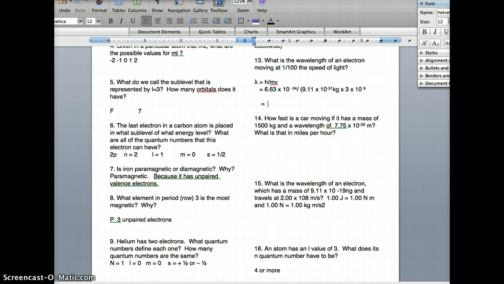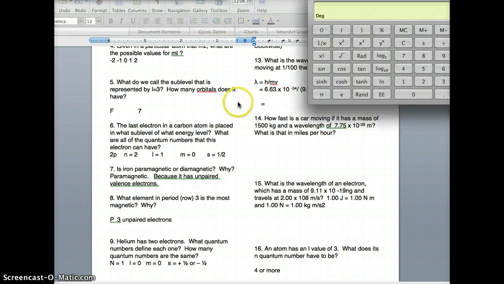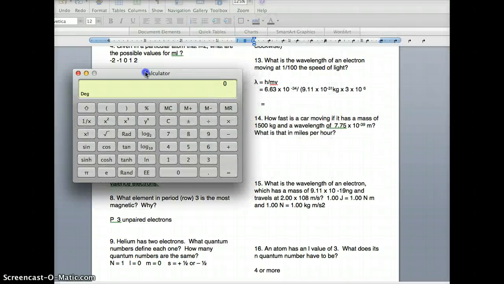If I could find the calculator, here it is. So here's my calculator. We're going to have 6.63, use the EE key, negative 34th. So you type in 34, hit that little plus negative sign.